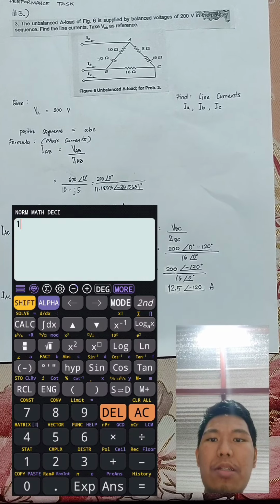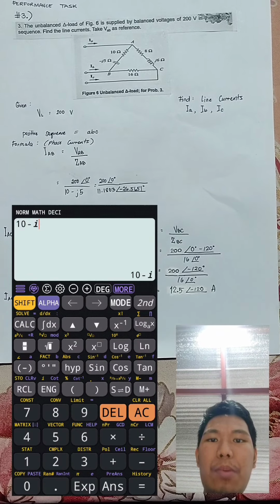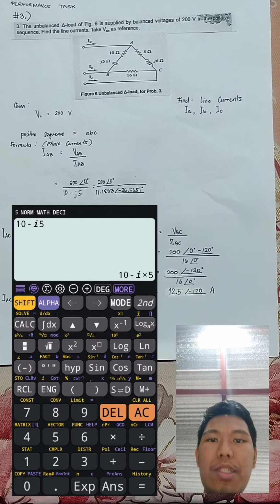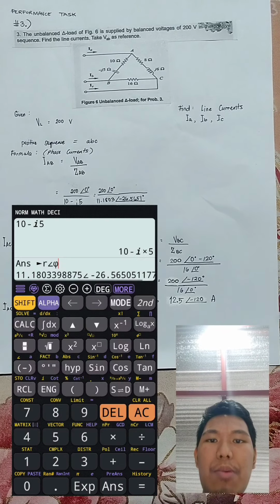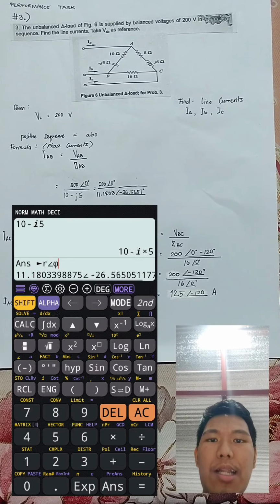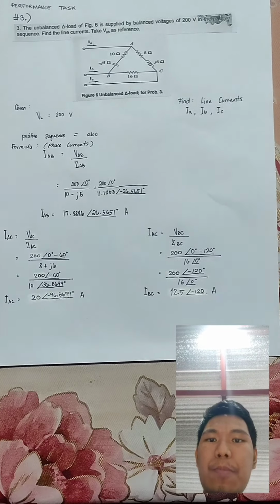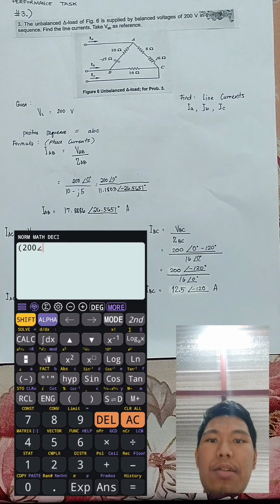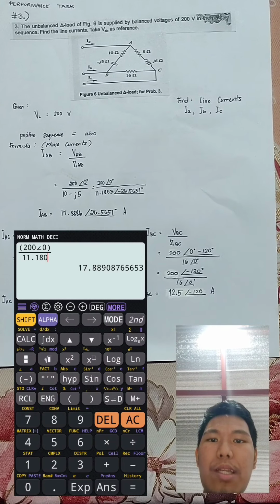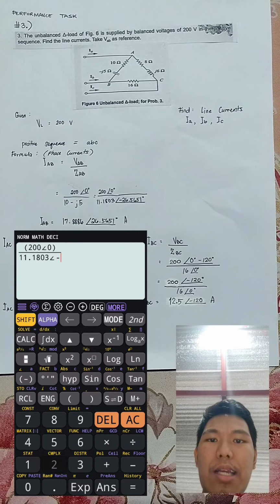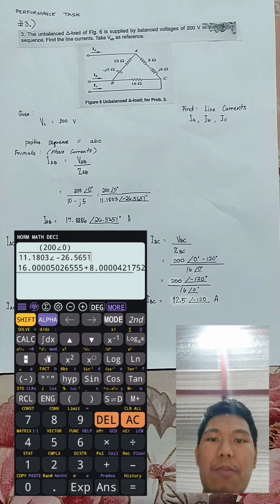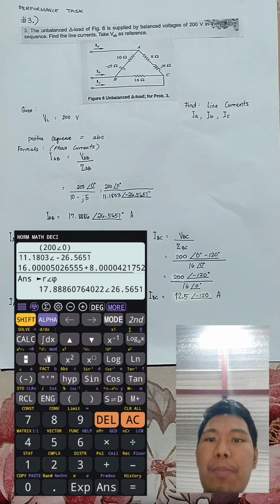We will convert the 10 minus j5 to its polar form, which is equal to 11.1803 ∠ negative 26.5651 degrees.